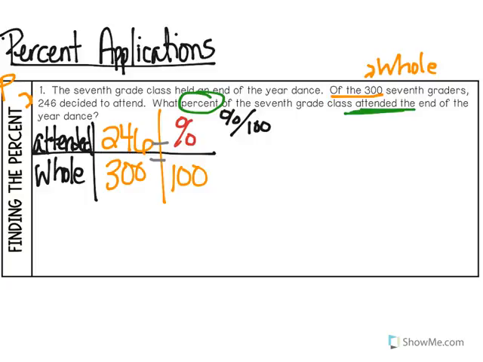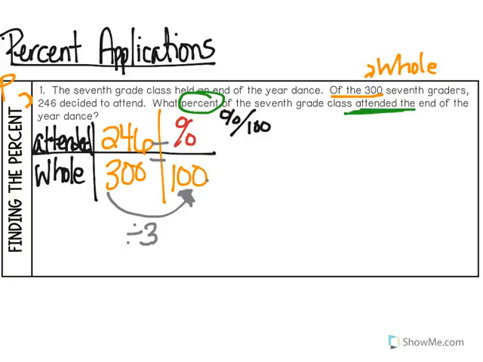So if I'm going for my percent, I am trying to determine how do I go from 300 to 100. I can multiply or divide because ratios are multiplicative comparisons. So 300 to 100 tells me I'm going to divide by 3.